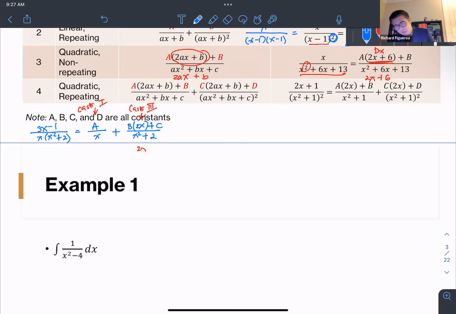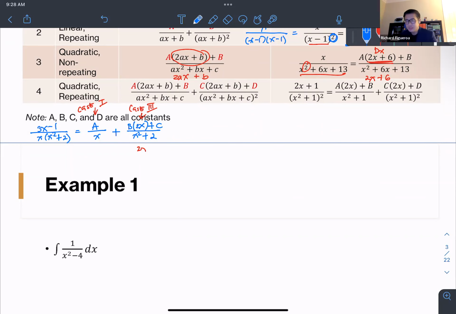So that's how we write the partial fraction equivalent.